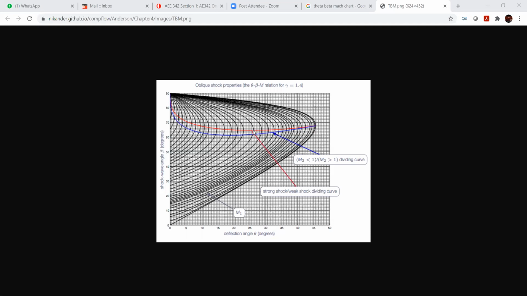So for this given Mach number, if your theta angle becomes higher than 26 degrees, there is no curve, basically. The curve turns back, and to the right of this curve, there is no solution for that Mach number. So this is the actual theta max value for this Mach number. When you are designing your aircraft, if this is your flight design Mach number, you had better be careful to choose your theta angle below that value.